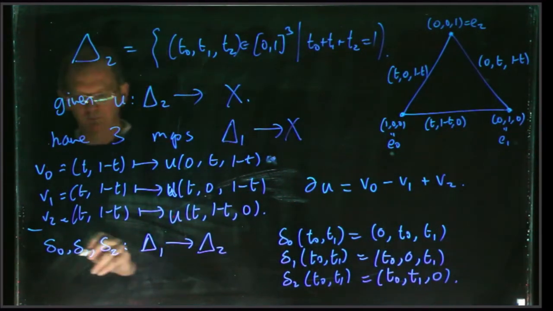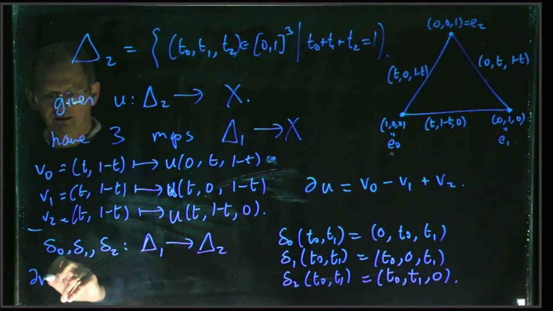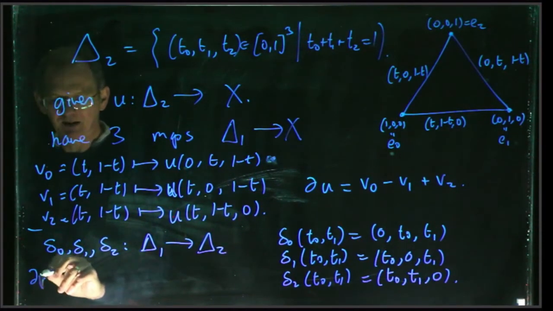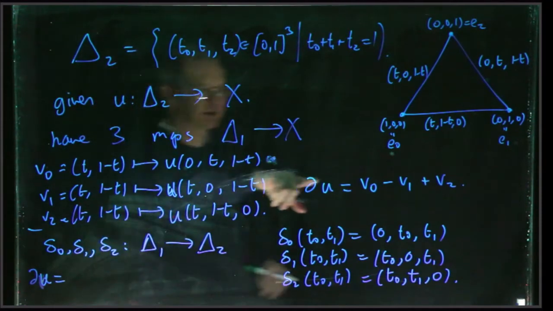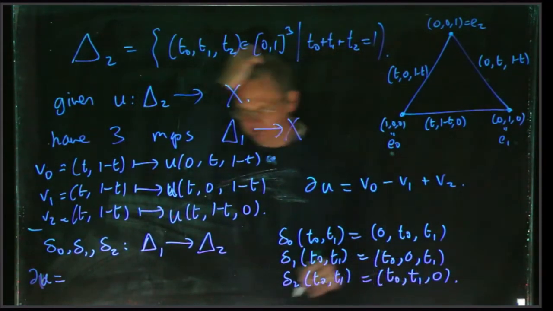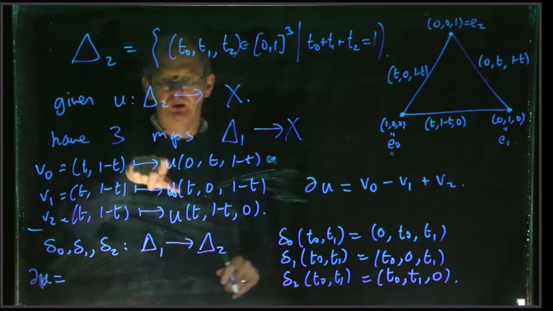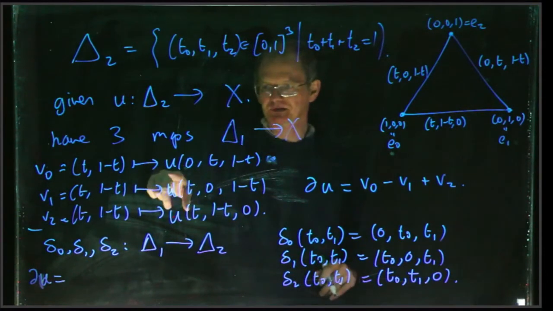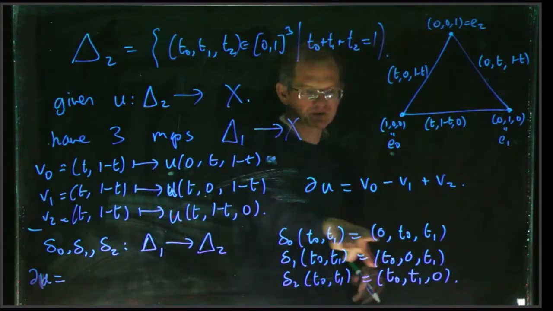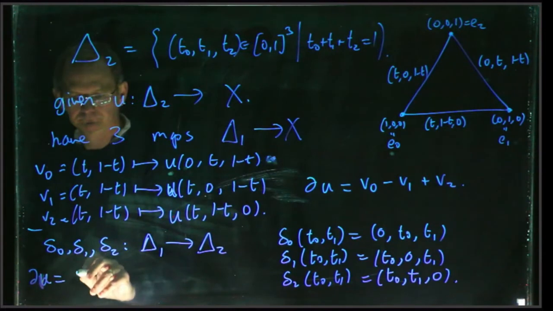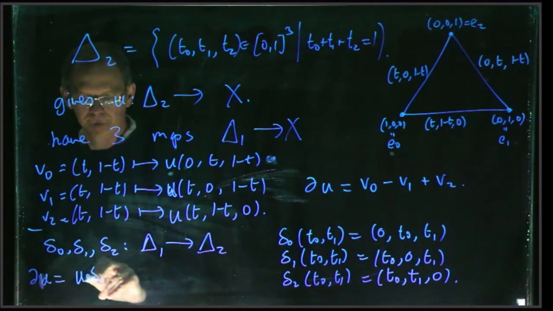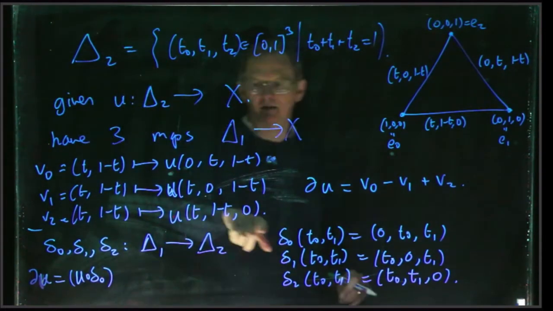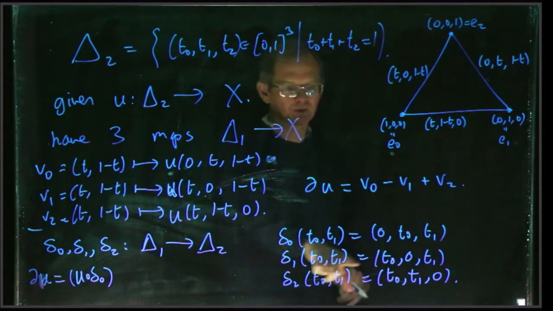Okay. And then we can say that the algebraic boundary of u that we wrote here is, well, this first one, our v0, is just the composite of u with this delta 0. The second one is the composite of u with the map delta 1.